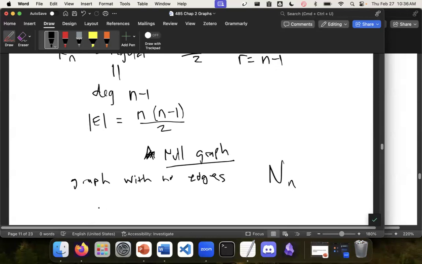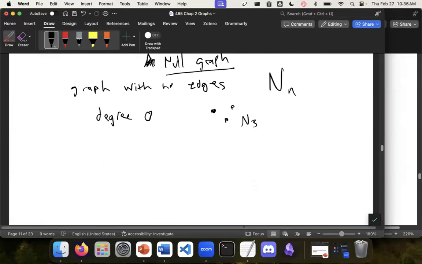And so this is just degree 0. So like this is N3, the 3 vertices, no edges. Not very interesting. So that's a null graph. So where there's complete graphs, there's null graphs.